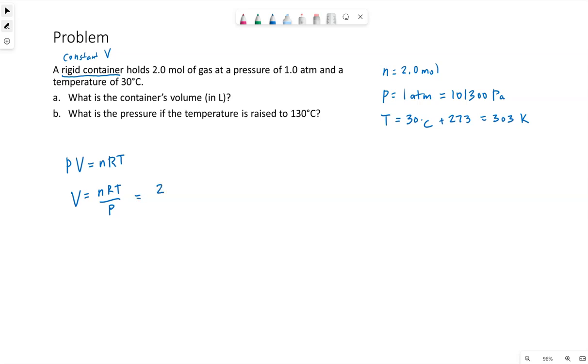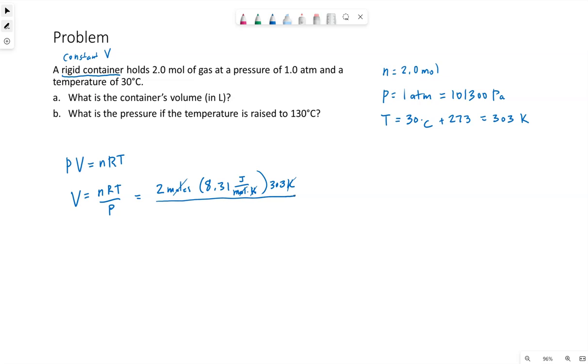So 2 moles, R is 8.31 joules per mole Kelvin. Our author rounds that to those 3 sig figs. Our temperature, 303 Kelvin. So these kelvins are going to cancel, the moles are going to cancel.